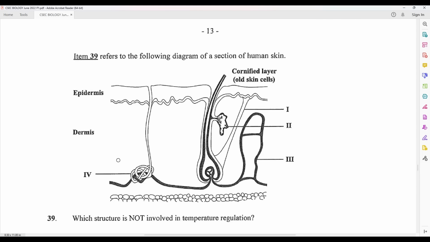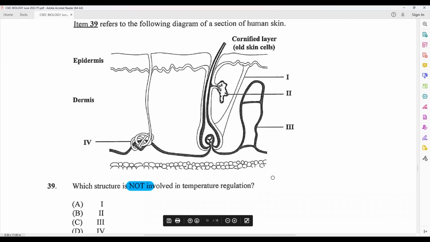Item 39 refers to the following diagram of a section of human skin. Which structure is not involved in temperature regulation? Not being the operative word there. And you are looking at B. This 4 is a sweat gland. That's for temperature regulation. 3 is blood vessels.